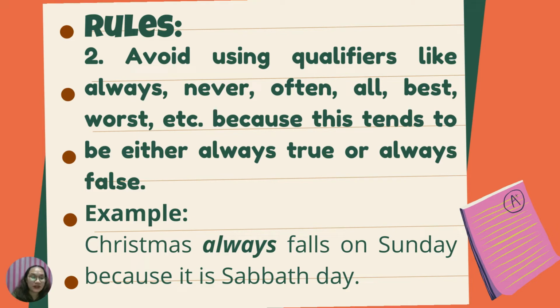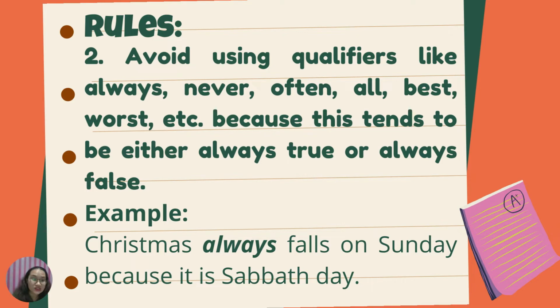So let's have an example. Christmas always falls on Sunday because it is Sabbath day. There is a qualifier used here in the sentence, and that is always. This type of qualifier can give an idea to our students that it could be always true or always false.